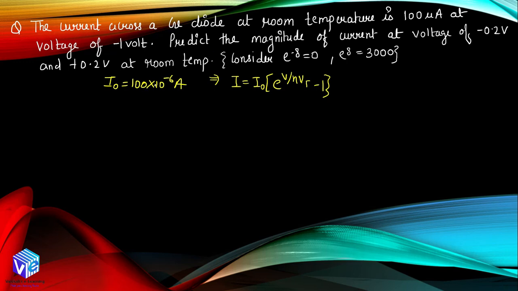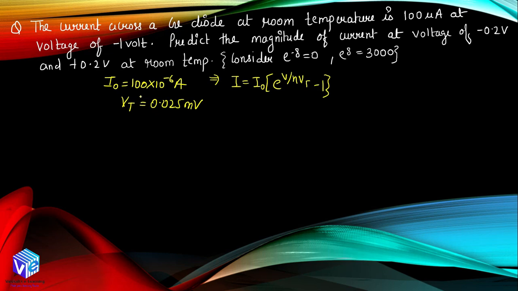So we are considering here that Vt will be equal to 0.025 volt. So now you will find the current for V equal to minus 0.2 volt and V equal to plus 0.2 volt, right?